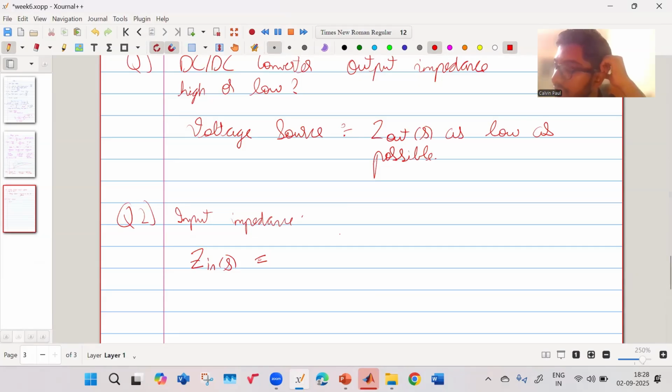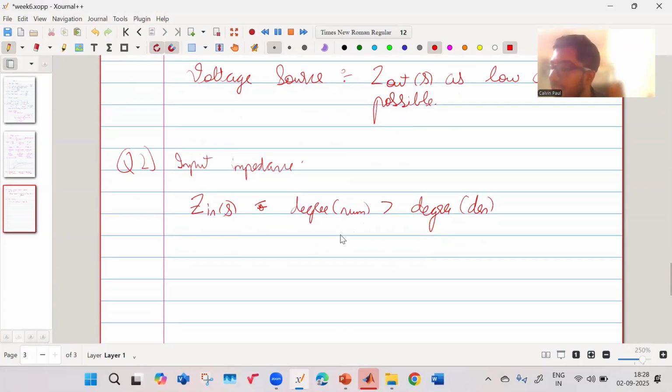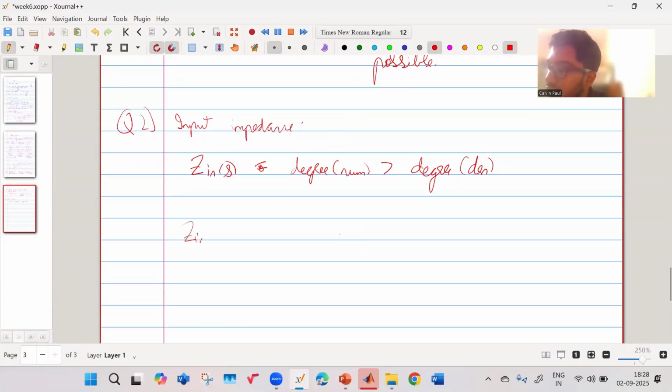What happens is that in Zin of s, the degree of your numerator is greater than the degree of your denominator. Let us give one example with some numbers. Your Zin of s would be s square plus 8s plus 12 upon s plus 5. Here the degree of the numerator is 2, and the degree of the denominator is 1.